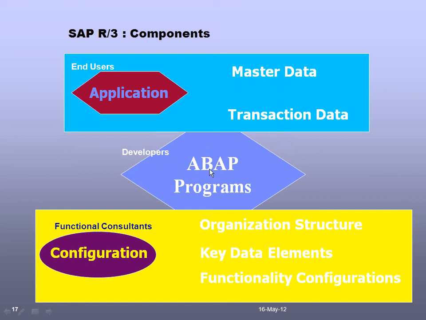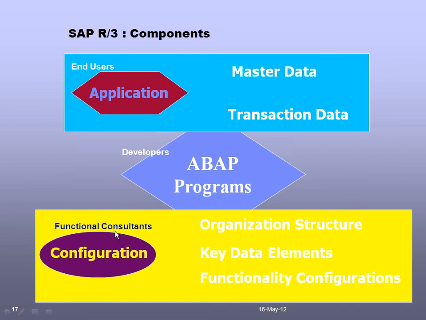But programs, okay, that's fine. Programs are created by the developers. So what is the basis for a program to work? You have to have something called an organizational structure available. You have to set up some key data elements. You have to set up some functionality configuration, or what we call process configurations, needs to be built. All these things are built by the functional consultants.